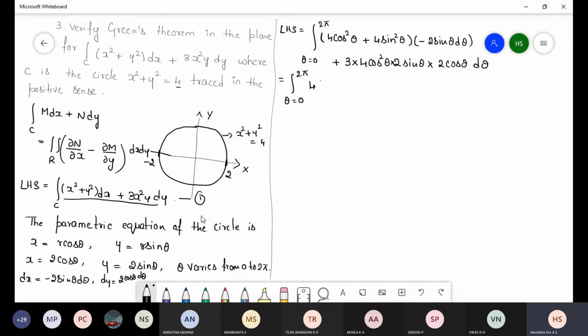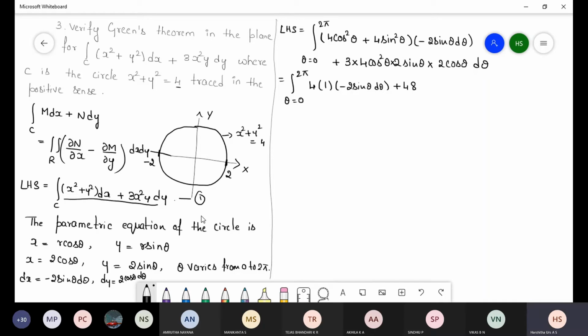I will take 4 outside. So cos square plus sin square theta, we all know, is 1, times minus 2 sin theta d theta, plus 3 times 4 is 12, 12 times 2 is 24, 24 times 2 is 48.